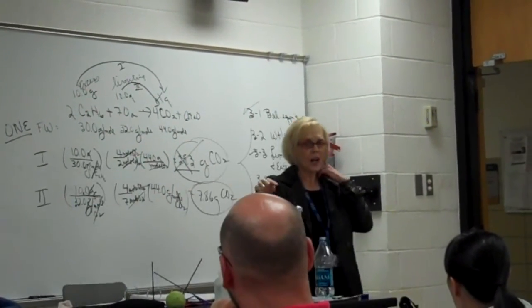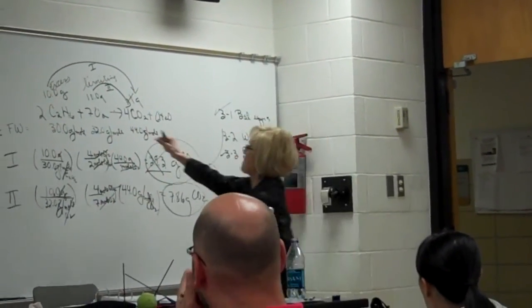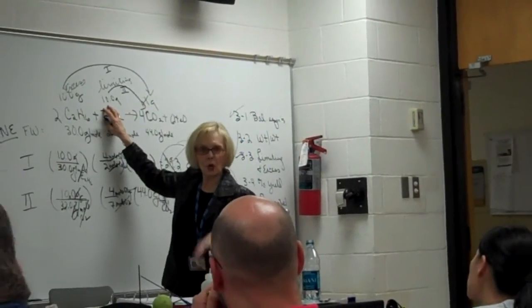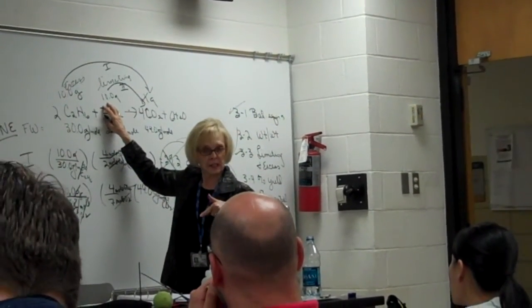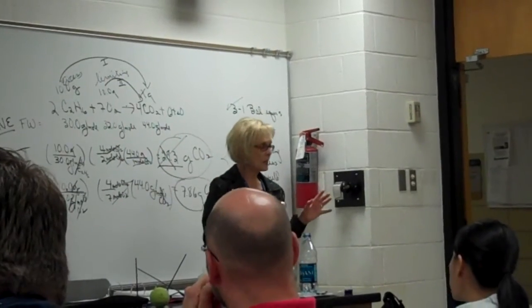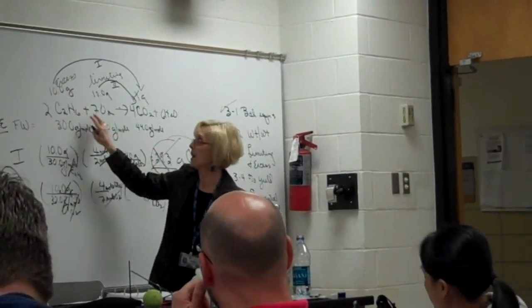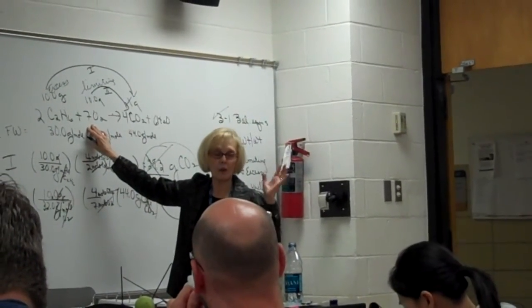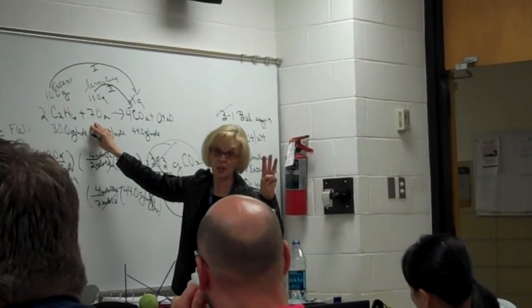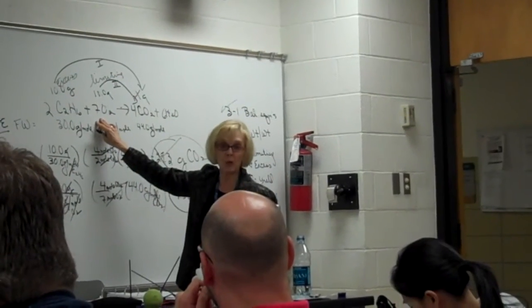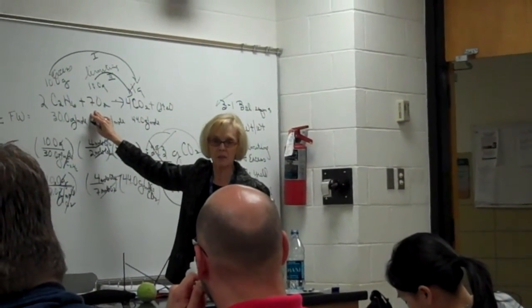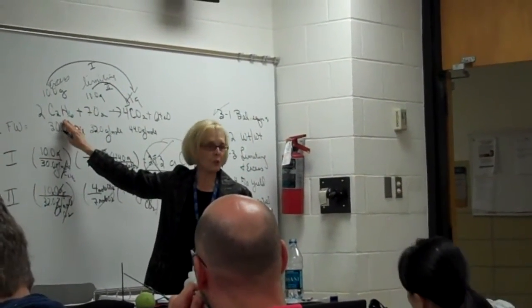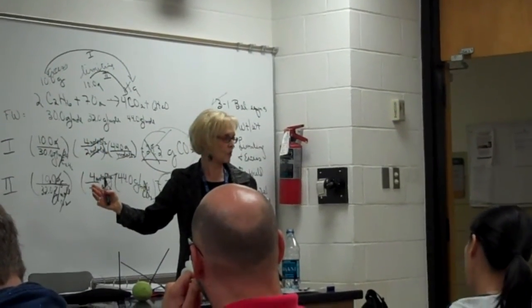Bruce, what I thought you were going to ask me is, could this be your unknown? Not in a limiting and excess problem. In a limiting and excess problem, I've got to tell you about 2 reagents. Or, God forbid, if there were 3 reagents, I could give you 3, and you'd have to do it three ways, but I won't be that bad. Because if you can do it twice, you can certainly do it a third time.